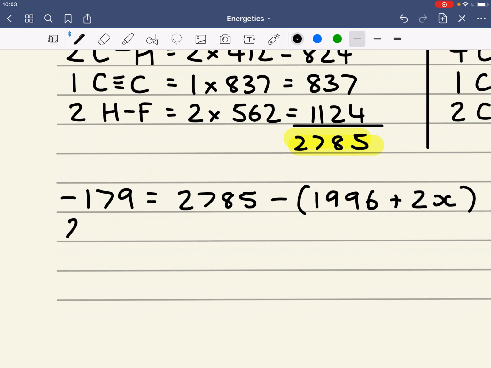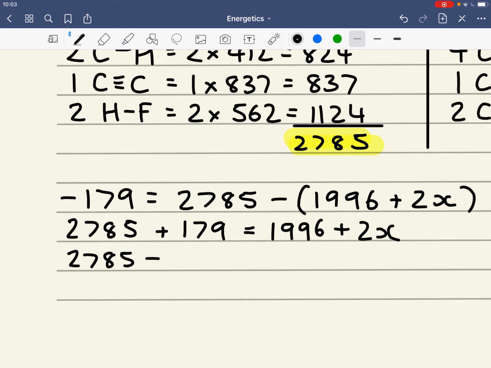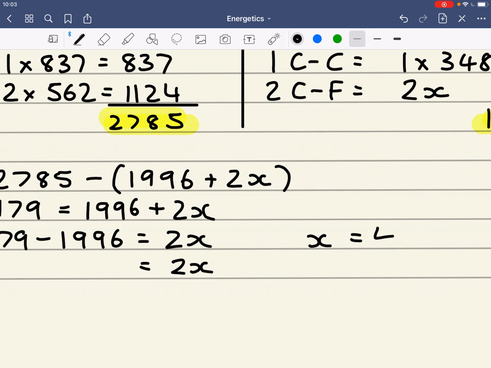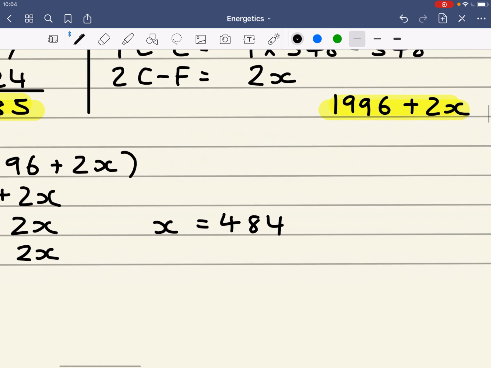So what we get then is 2785 plus 179 equals 1996 plus 2x. And then obviously we subtract 1996 from both sides. 2785 plus 179 minus 1996 equals 2x. So we get 968 equals 2x, and therefore x equals 484 kilojoules per mole.